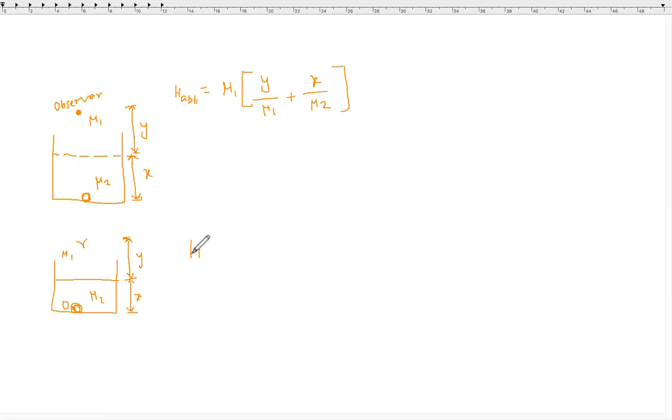So in this case, h apparent will be mu2, because the observer is sitting in water.